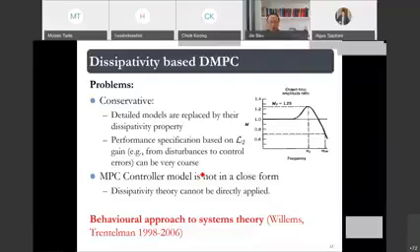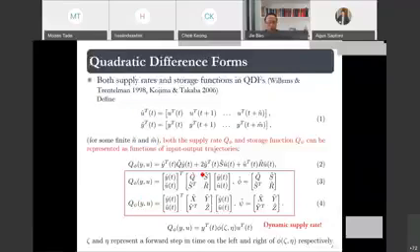So that's why we looked at the behavioral approach to systems theory, where we try to determine the supply rates and the storage functions as a function of the trajectories of the input and output. If the input is u of t, we extend it to u hat of t, which is basically the input at different time steps.